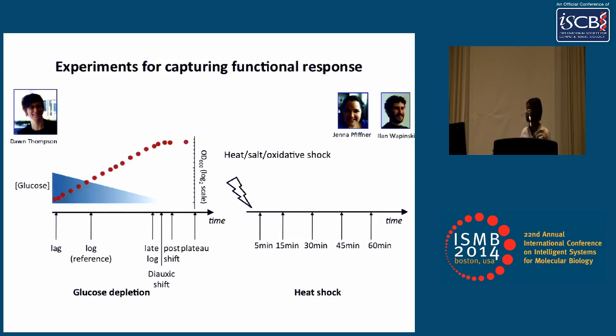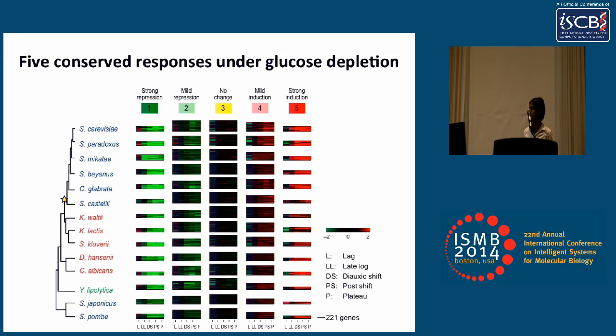So glucose metabolism was one condition that was good to look at because of the inherent dependency of the species on glucose. And the other conditions that we looked at were a bunch of different stress conditions, and this was for a subset of the species. So in general, we have all of these different stress-related data sets for all of these different species. And what we did was we first applied the glucose depletion data to Arboretum, and what we inferred were modules.